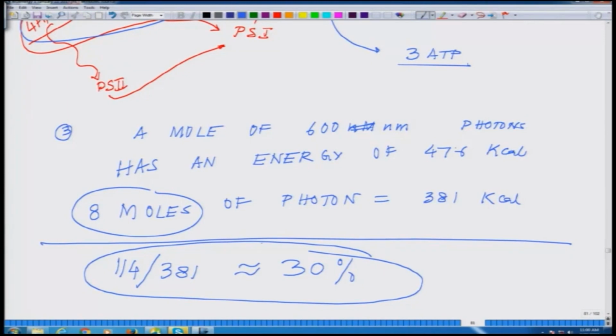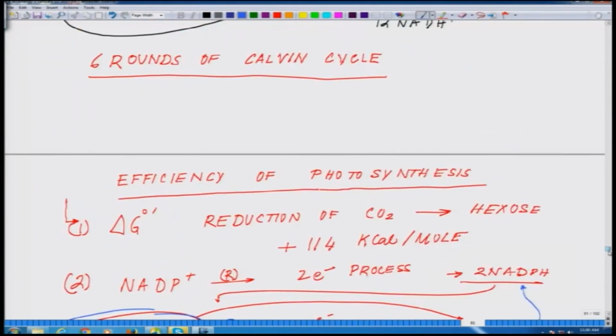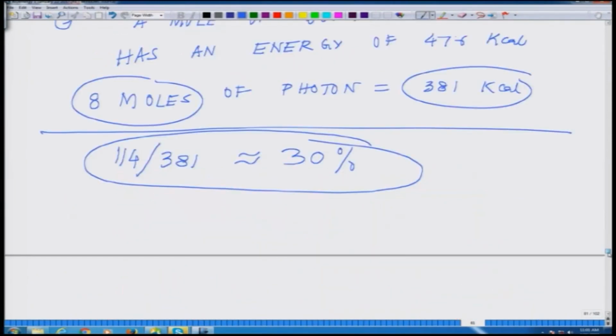So, where is 114 coming from? You know where the 381 is coming from, it is coming from here, and 114 is coming from here, the delta G of conversion. When you divide 114 by 381 multiplied by 100, the efficiency of photosynthesis on the floor of earth is 30%. So this is how the whole energy dynamics works.